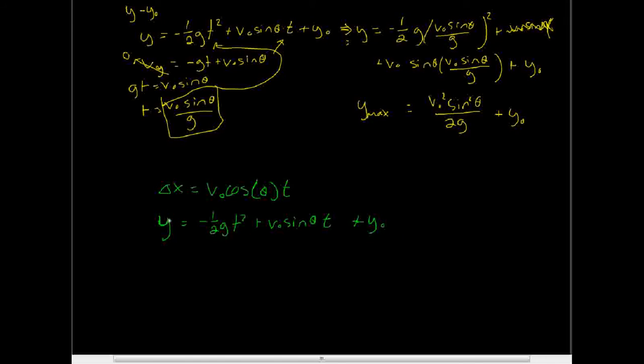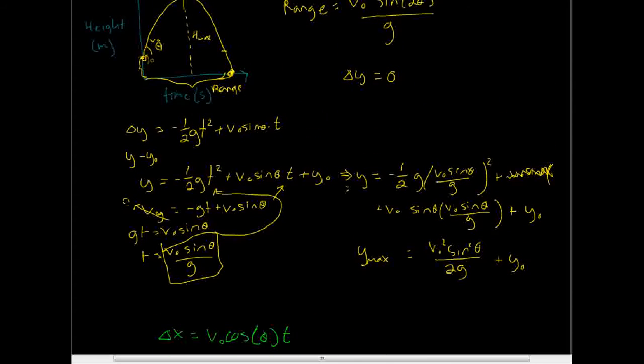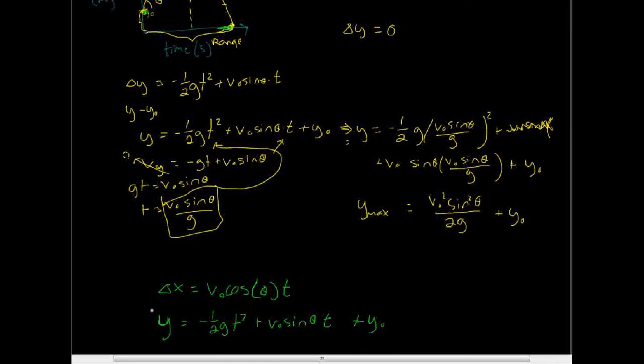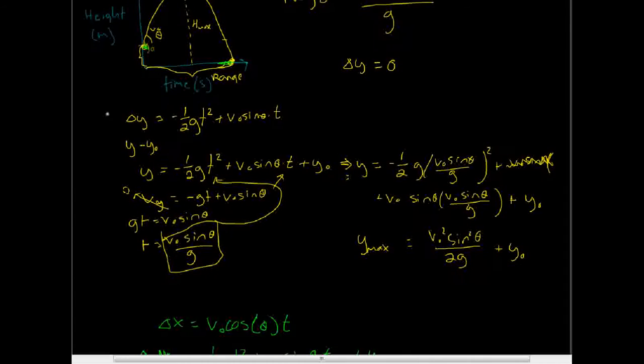And this y we can safely set to 0 because this y right here is not representative of the y right here. It's representative of when the overall y is equal to 0, and that's right here, which is what we wanted. And again, we have a quadratic when we set this equal to 0. And we can see that this time there will still be two solutions.